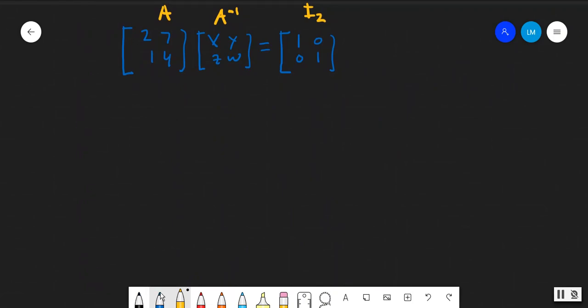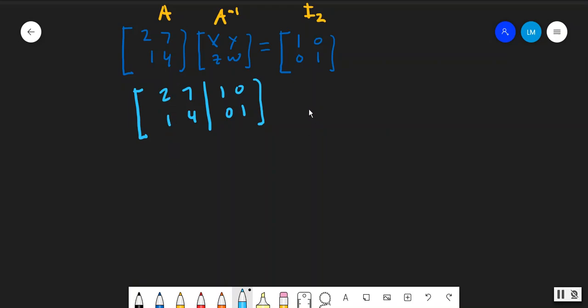Most likely you've already learned the Gauss-Jordan method. So for example, we have 2, 1, 7, 4, and then 1, 0, 0, 1. If I reduce this so that the identity matrix is on this side, then that means we have our solution.